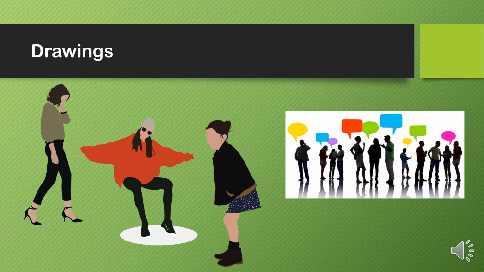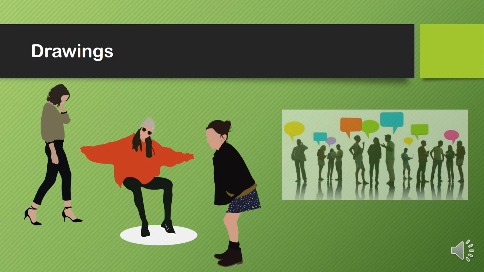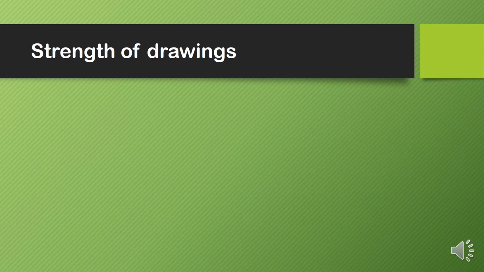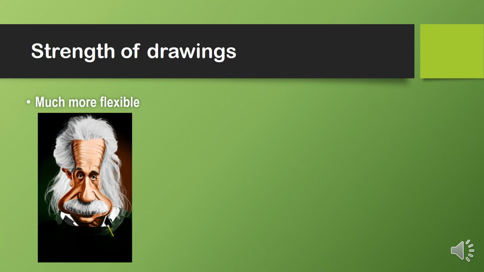Drawings are often used in published materials to illustrate actions and interactions among people. The strength of drawings is that they are much more flexible and can be made to order in terms of specificity, focus, emphasis, and details.